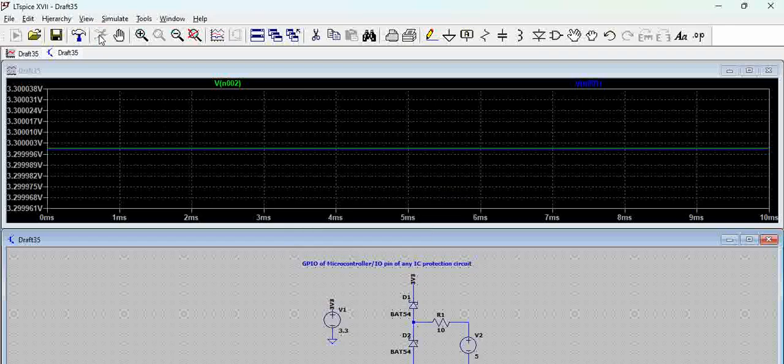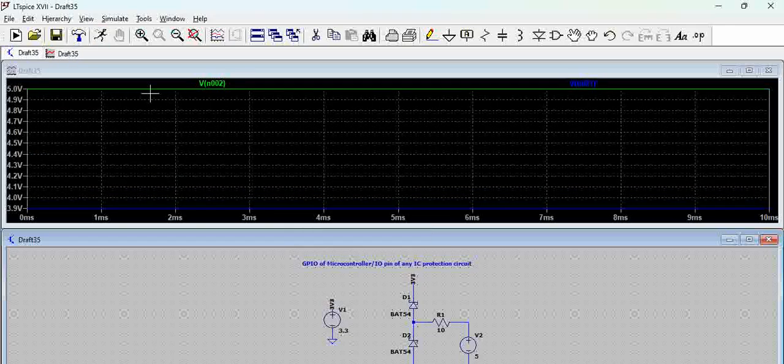The same scenario, you can see here it is 5 volts, as the green is 5 volts, and you can see the input is clamped to 3.9. Why 3.9 and why not 3.3? Because you have 3.3 here, and then there is a voltage drop associated with the Schottky based on the current being drawn.